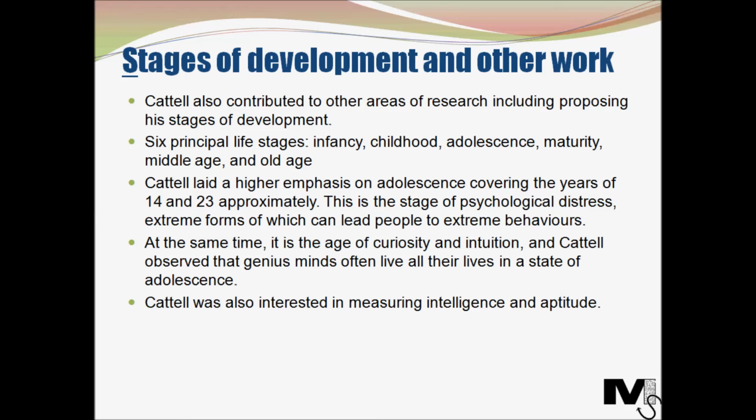So they have this never-ending curiosity in them. Cattell was also interested in measuring intelligence and aptitude. Now, this is all, however, out of scope for this tutorial. I just wanted to touch on the fact that personality is not the only aspect that Cattell covered, but I also want to keep this short and concise.